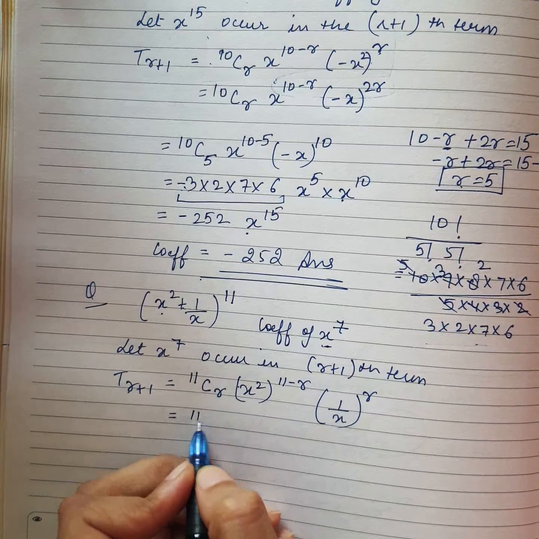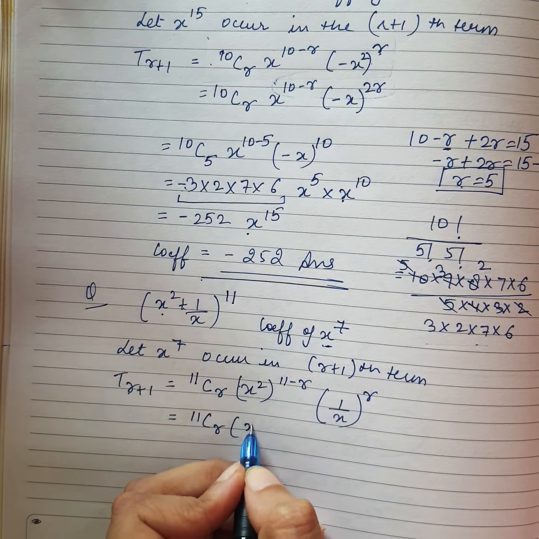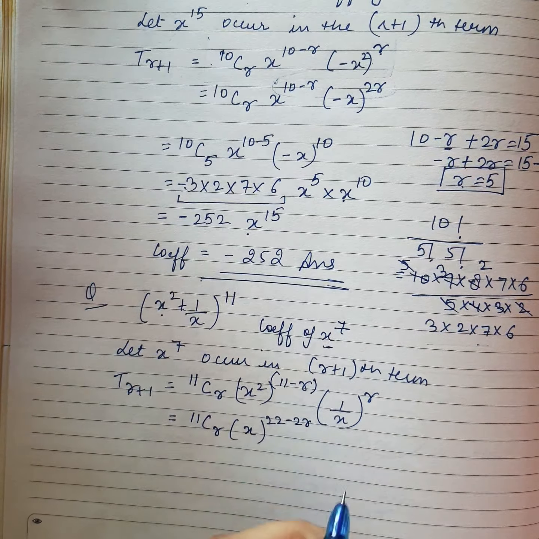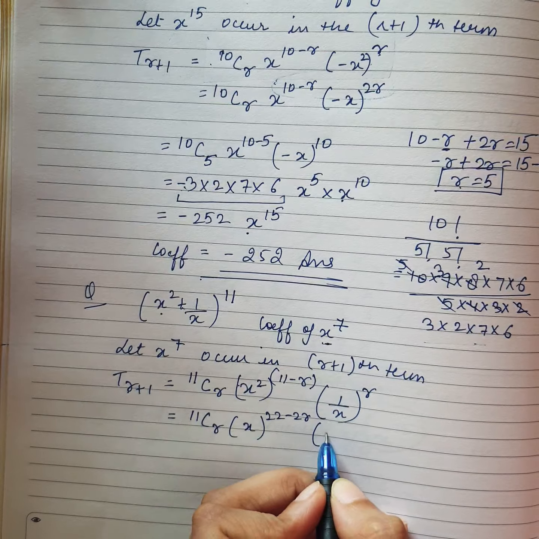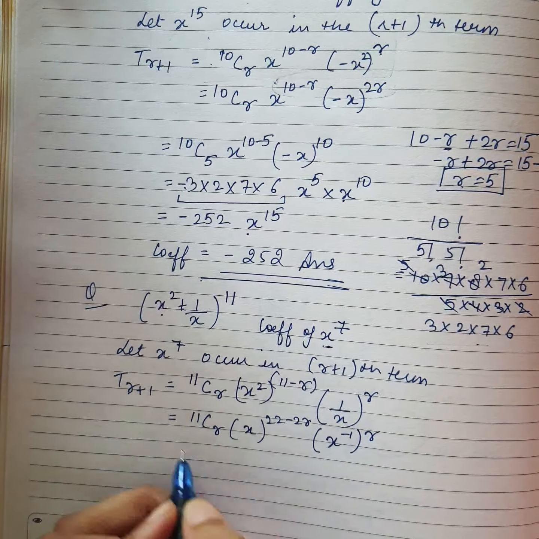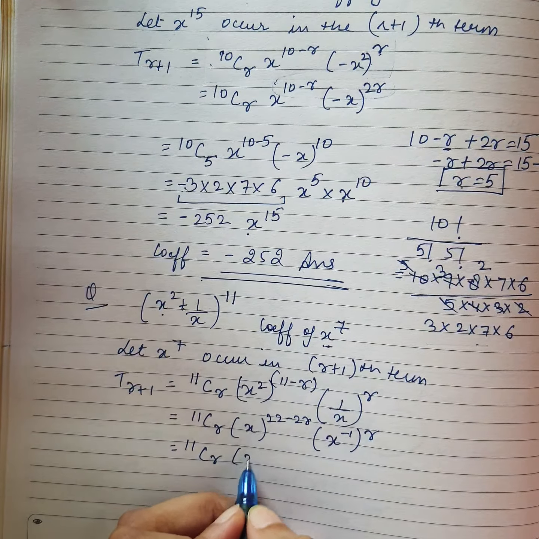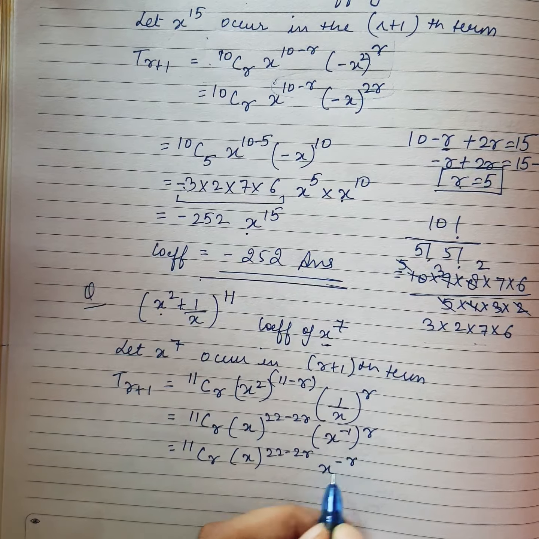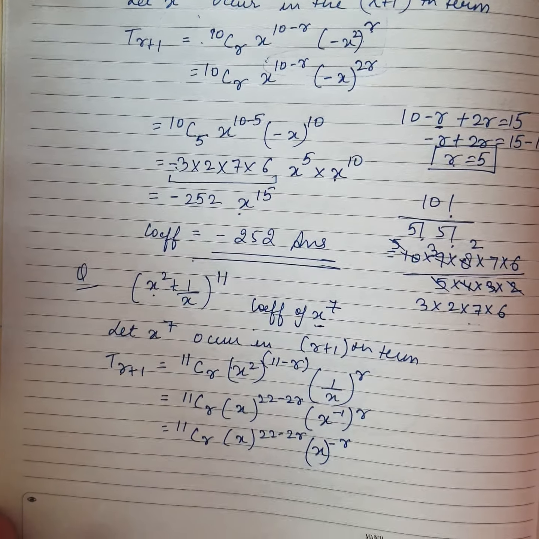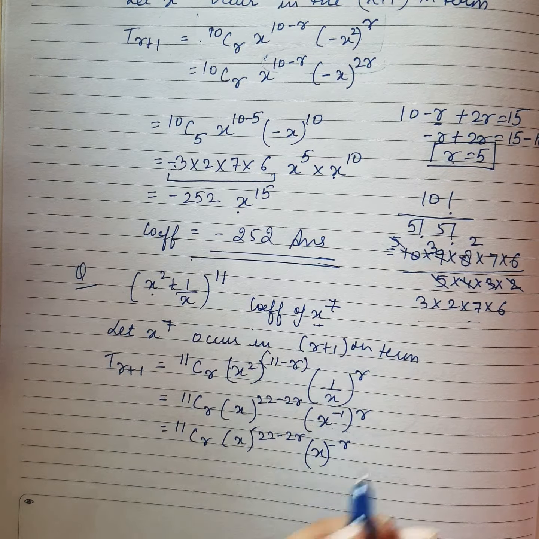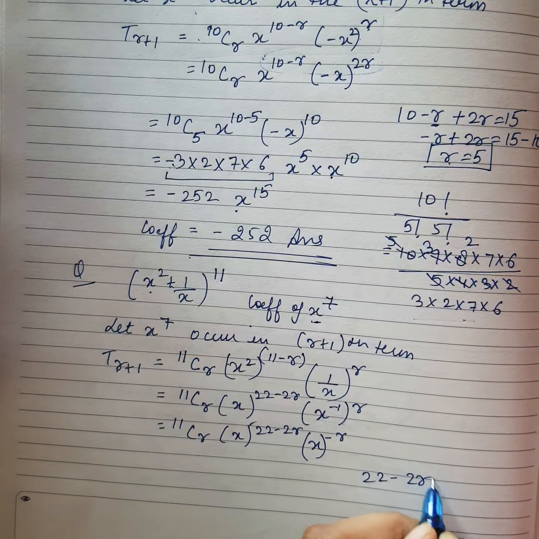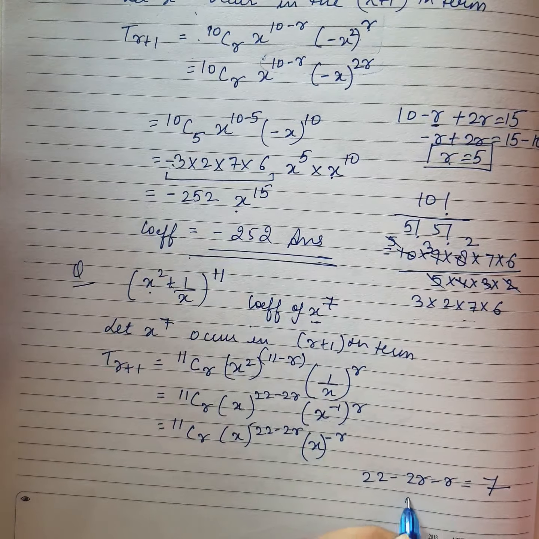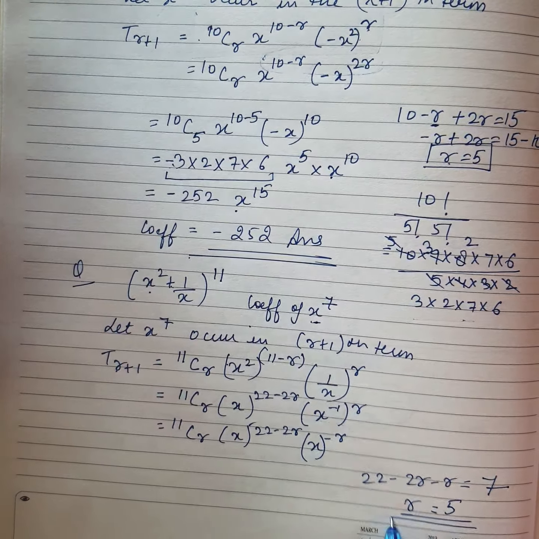Now let us simplify. This is x, 2 will be multiplied with this, so 22 minus 2r, and x should be in the numerator, so I have got x^(22 minus 2r minus r). So the sum here, 22 minus 2r minus r, should be 7. While solving for r, you will get r is 5.